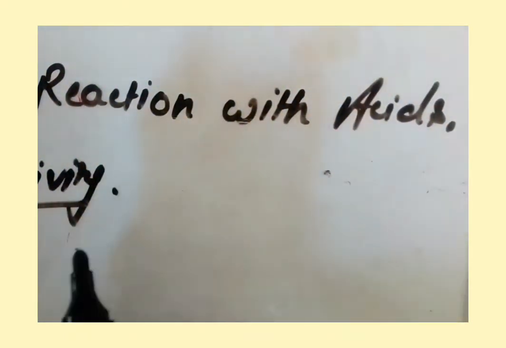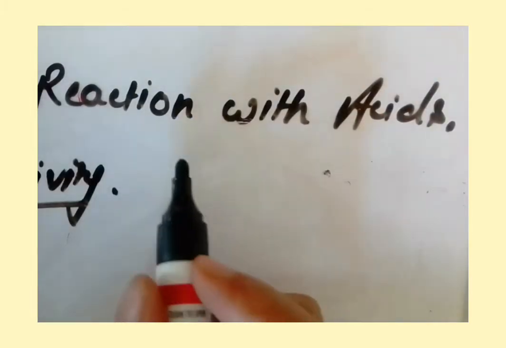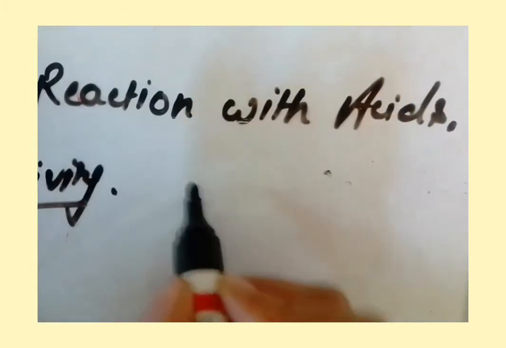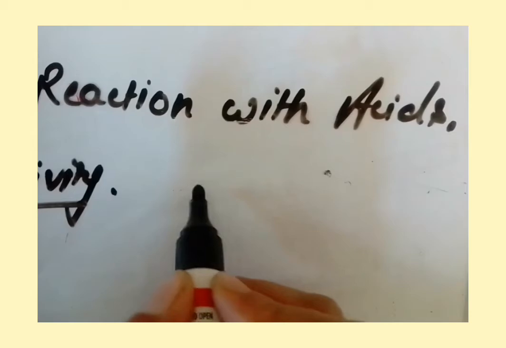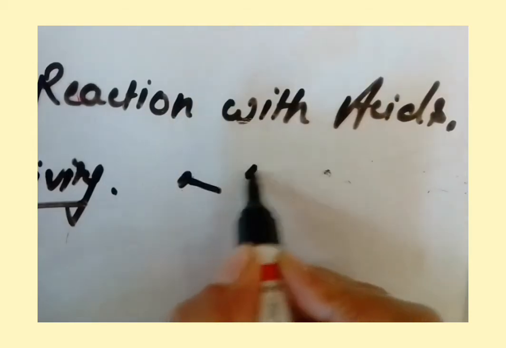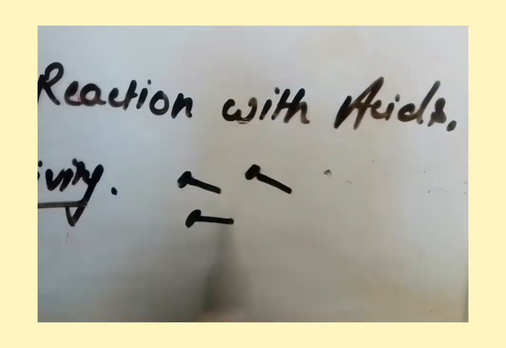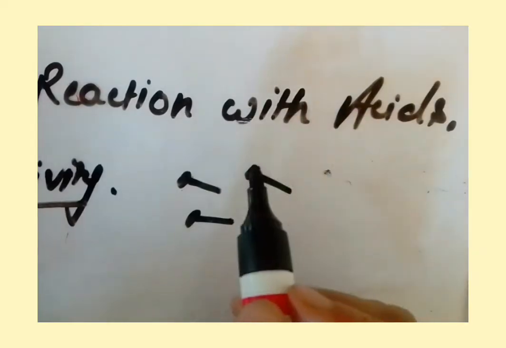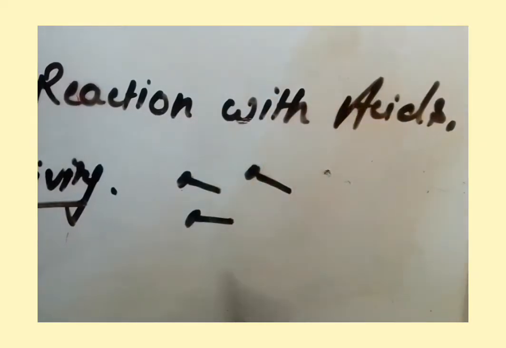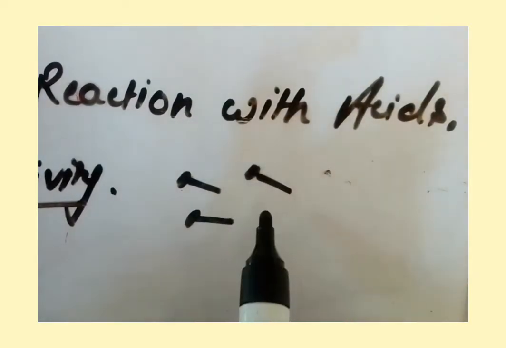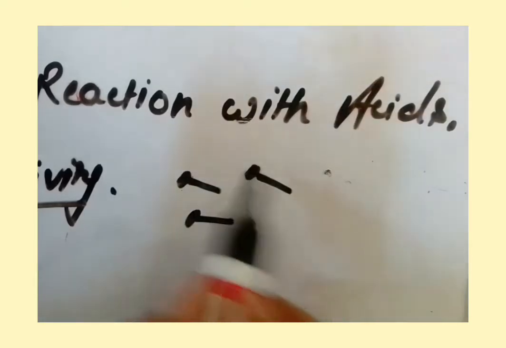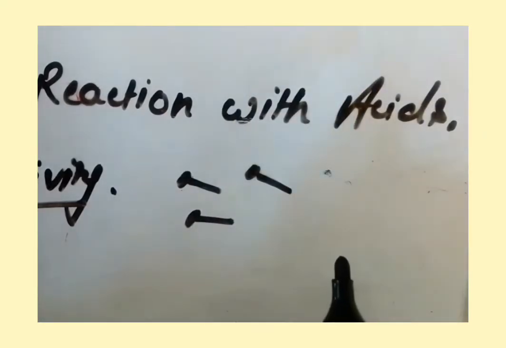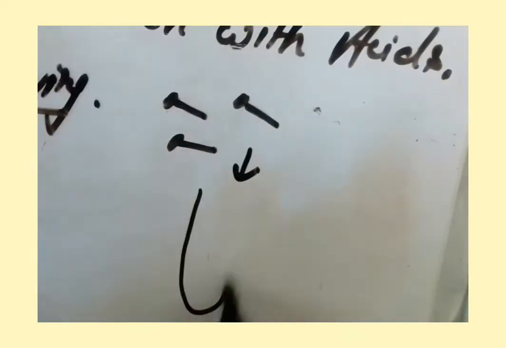First of all, take iron nails and clean their surface by rubbing, either by sandpaper or by another material, but we have to clean their surface. Then after that, we will put these iron nails into a test tube.